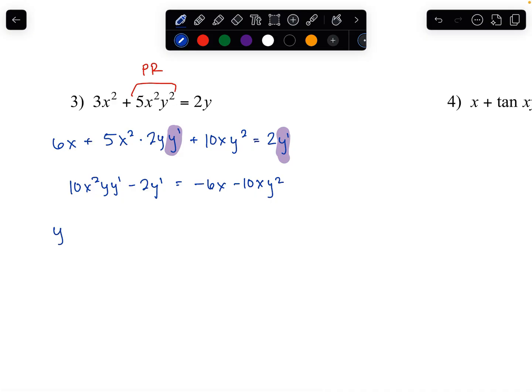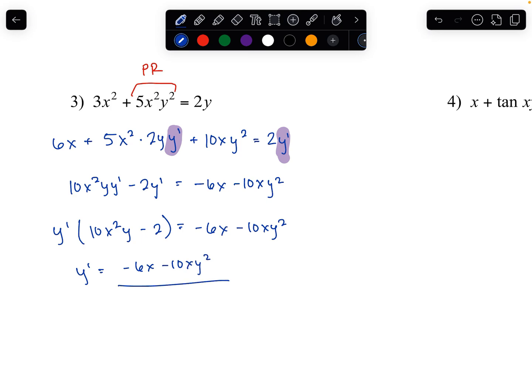Factor out the y prime, and then I'll have 10x squared y minus 2 equal to negative 6x minus 10x y squared. And then y prime will be equal to negative 6x minus 10x y squared all over 10x squared y minus 2.